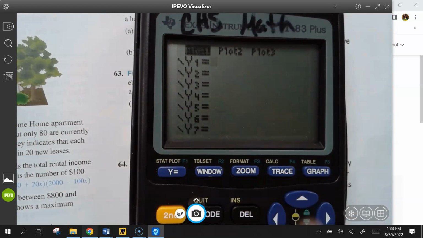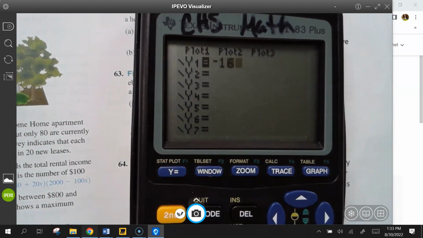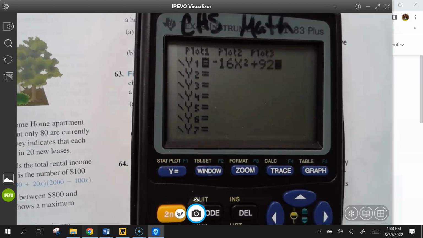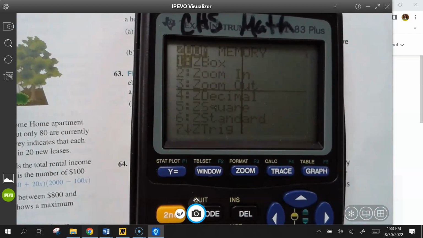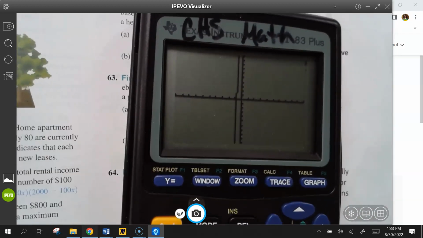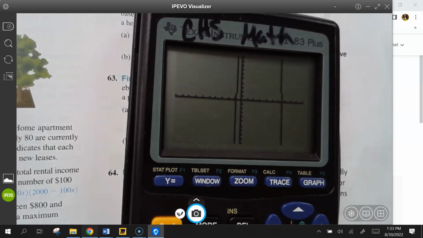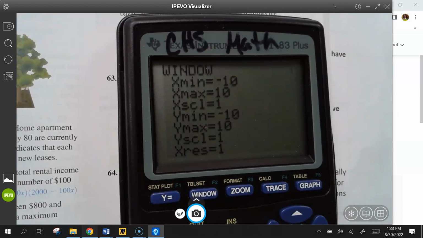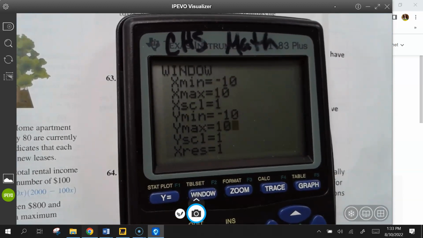Y equals negative 16t squared. What was the rest of it? If I do a regular zoom, I can't see, right? I need to see way, way up. So I'm going to hit my window and I'm going to adjust my Y max. I might even go up to 100.